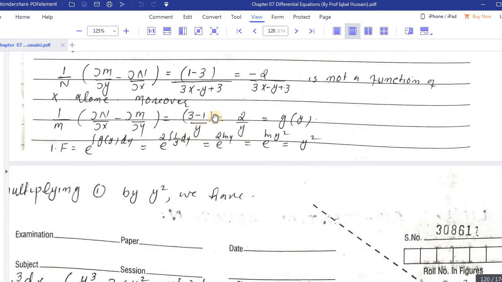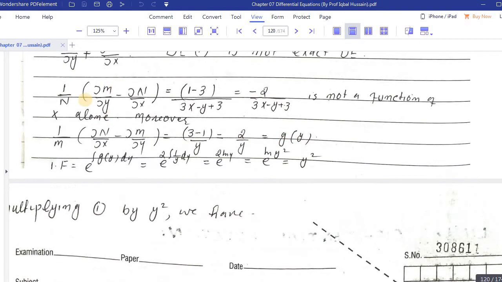Simplifying, 2 divided by y is the result. This is the value of this expression, and this is not a function of x alone.